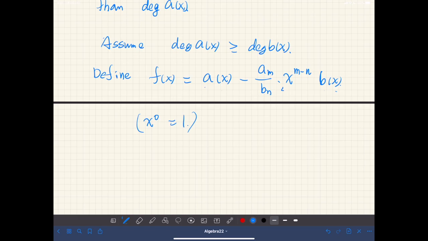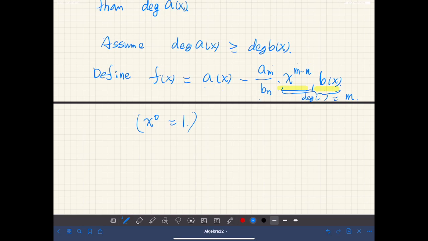So if we multiply by this term, x to the power of m minus n, then the degree of this whole term is equal to m, right? And the coefficient of that polynomial is multiplied by a_m and divided by b_n.